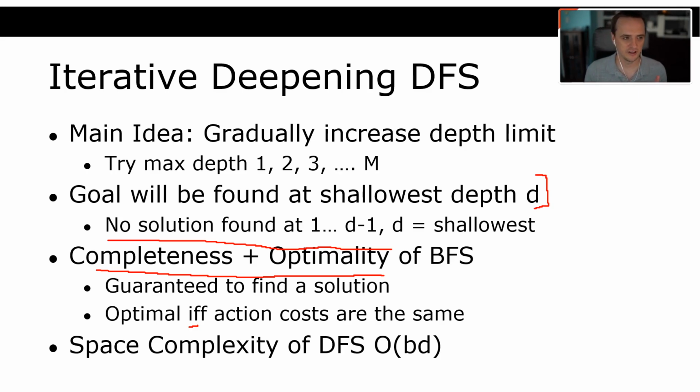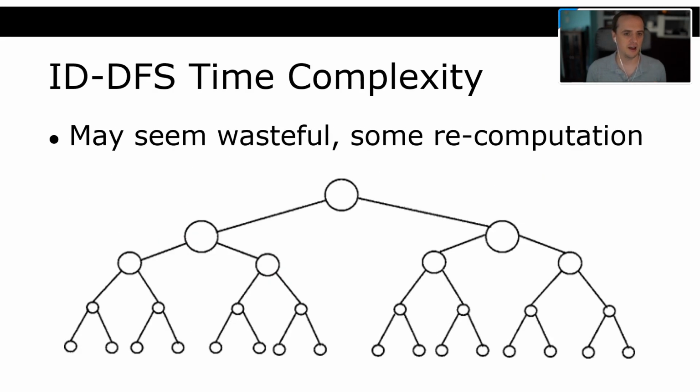But there's a little bit of a catch, and that is the time complexity of iterative deepening depth first search. It might seem a little bit wasteful, because what we're doing is searching first to depth 1, so we search these 3 nodes. Then, if we didn't find a solution, we discard all of that and search everything up to depth 2.